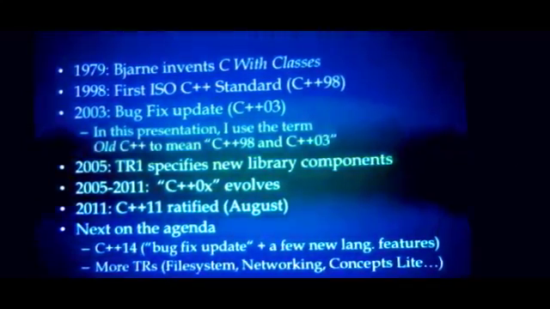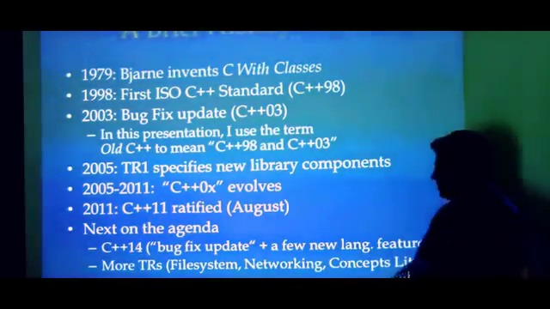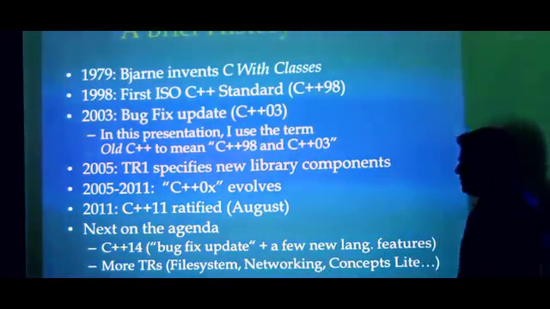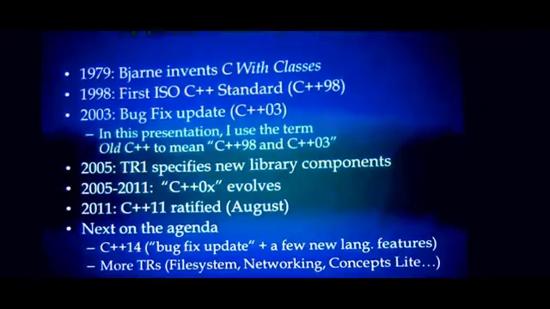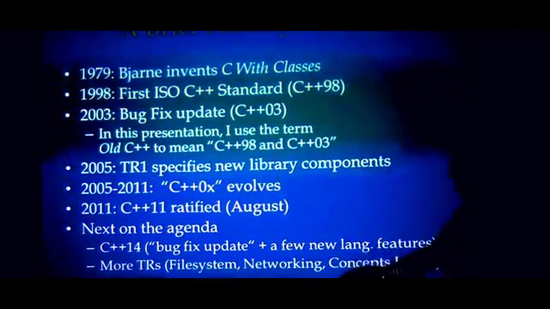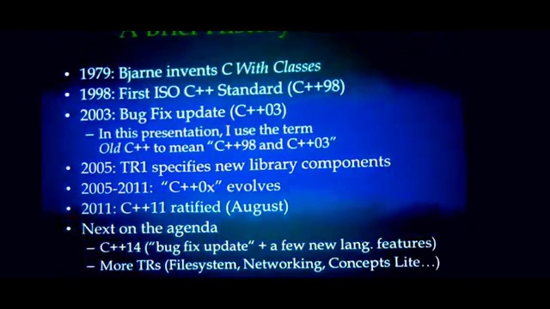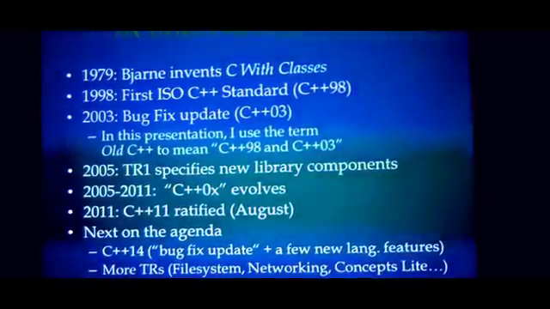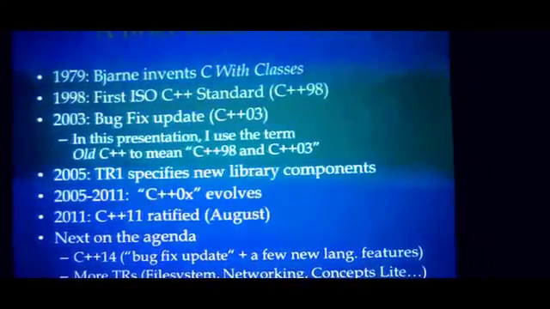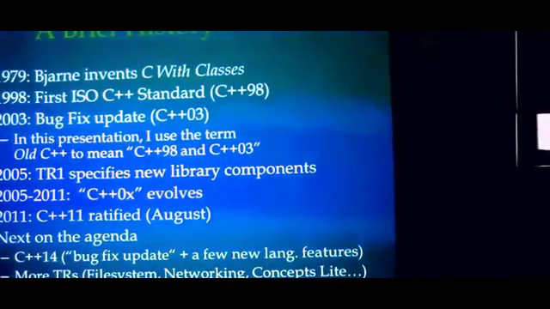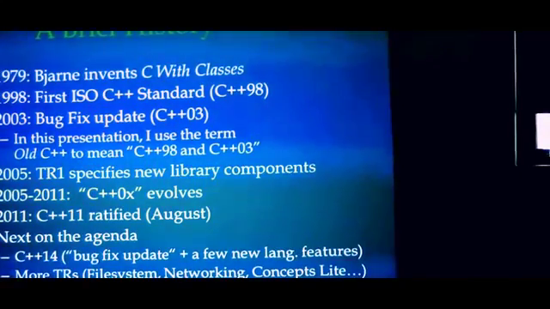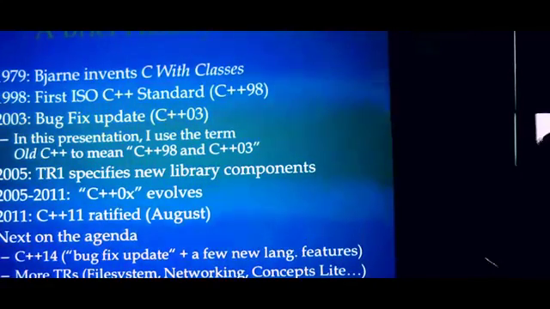They seem to keep changing their name, but there will be a specific report for, say, the file system library when that gets hashed out, perhaps networking, concepts, lite. Each of those will be in the form of a library report or a technical specification that prepares people for what those features will look like when they're actually ratified into the language.